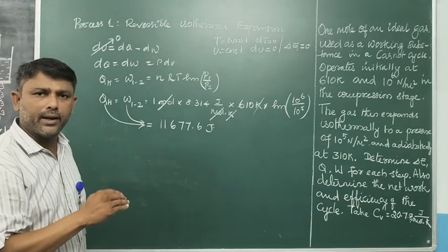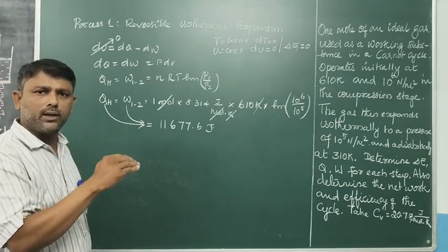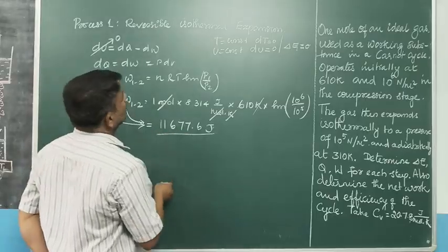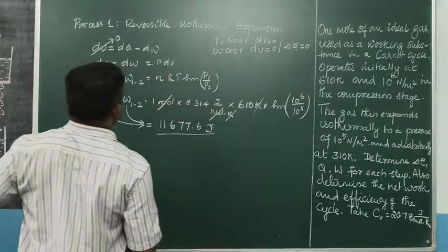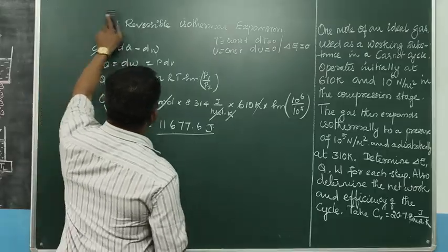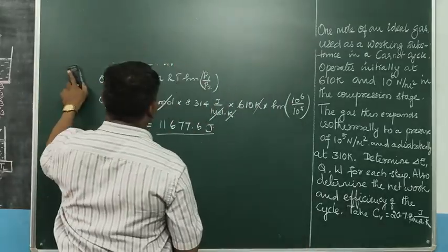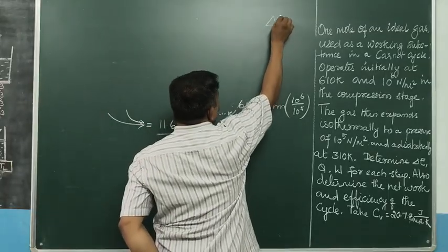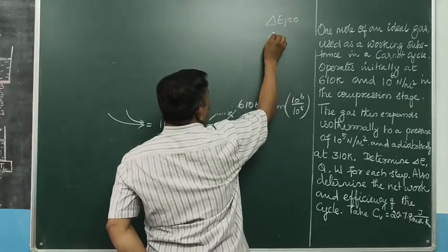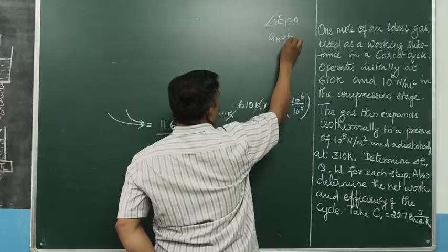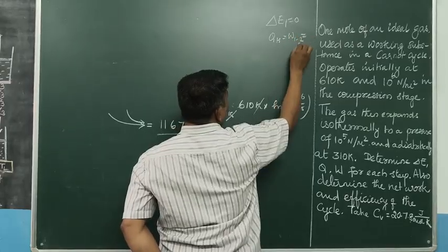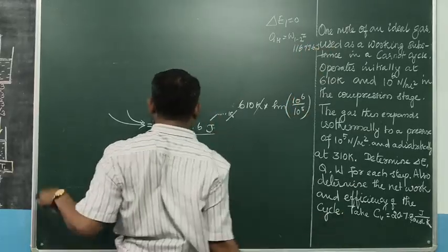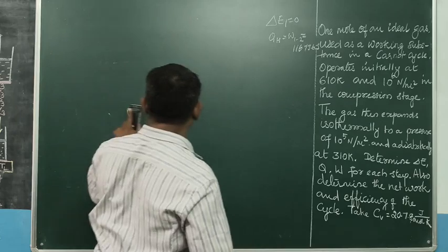This is stage 1. So now I am going to write for process 1 to 2, reversible isothermal expansion: delta E1 is equal to 0, QH is equal to W1 to 2 is equal to 11,677.6 joules. This is stage 1 or process 1.